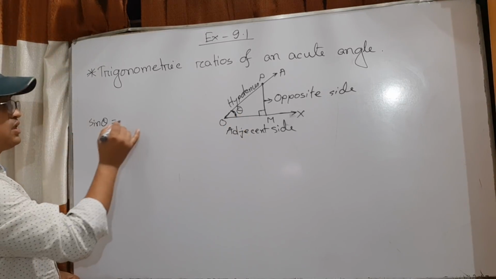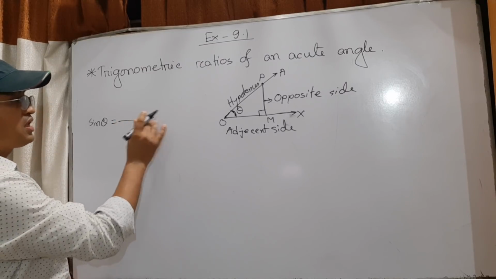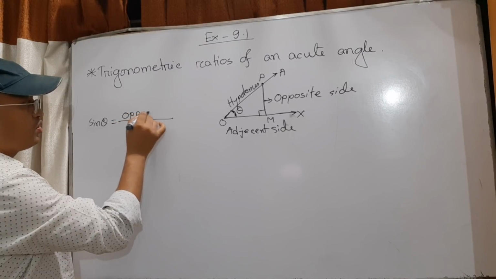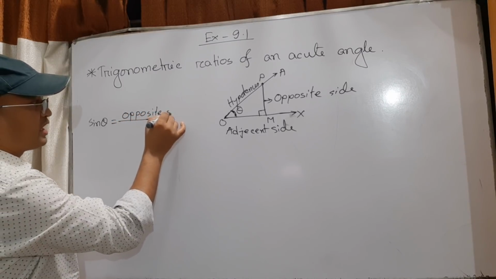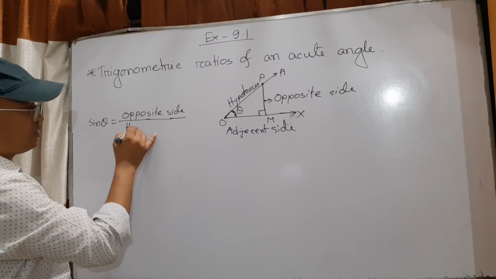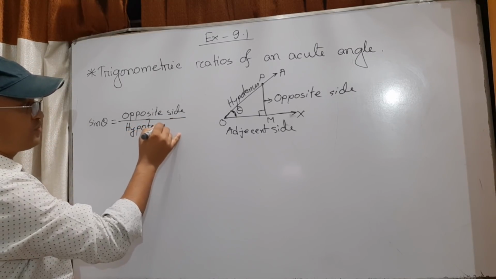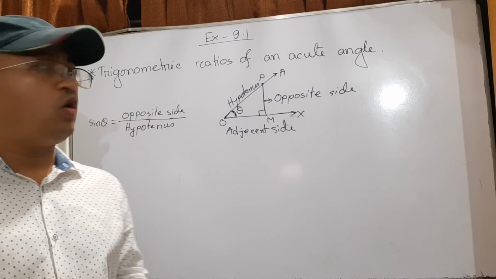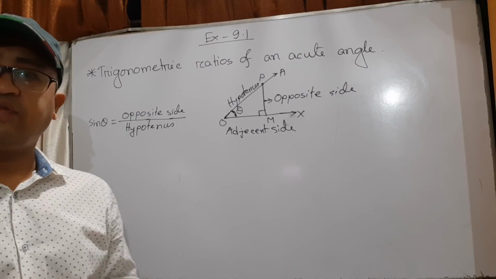So here sine theta will be opposite side divided by hypotenuse. So sine theta is opposite side divided by hypotenuse.